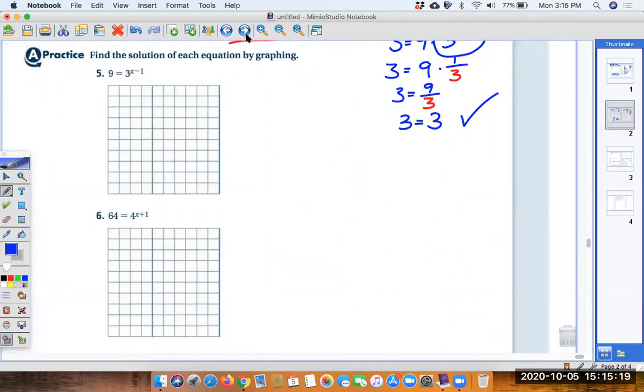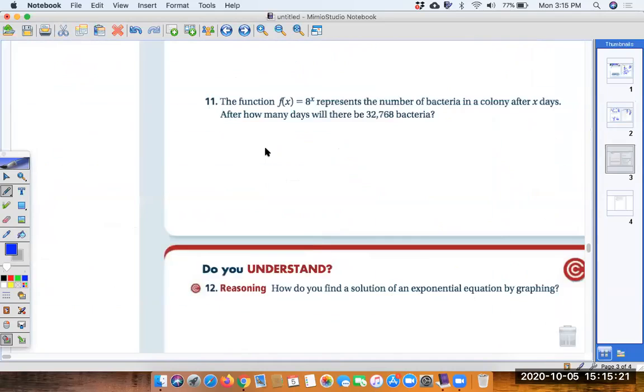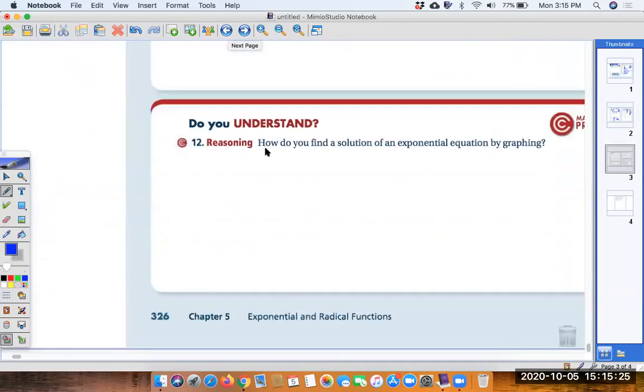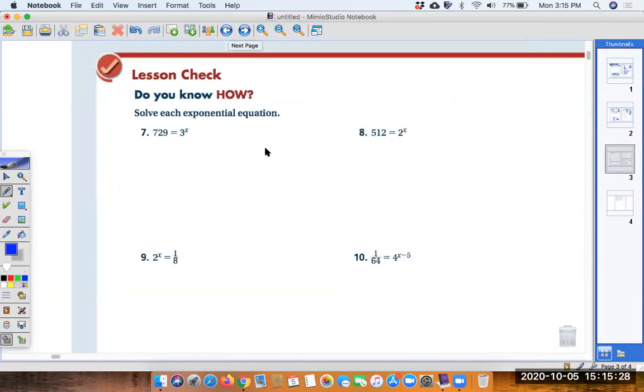So here's our homework. We're on page 326. And you're going to do 7, solve each exponential equation, just like the first example. You want to write base 3.